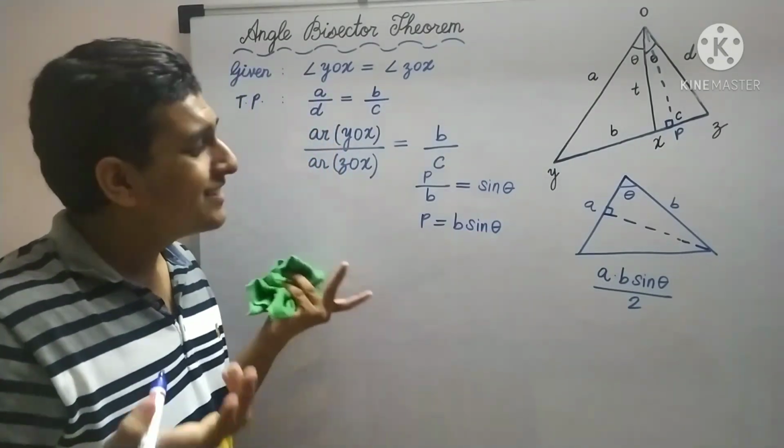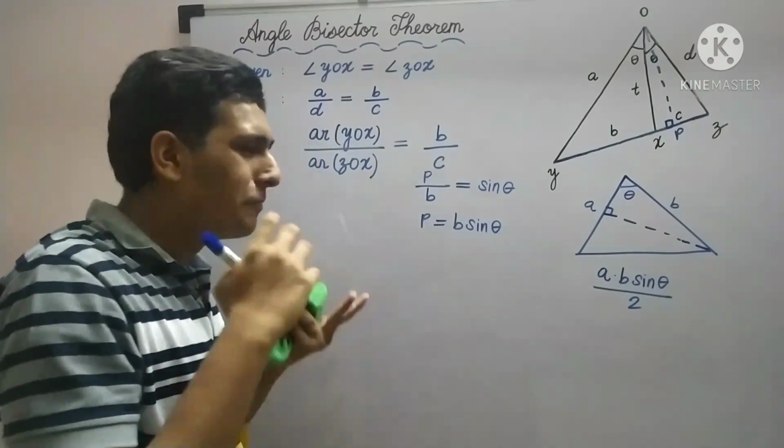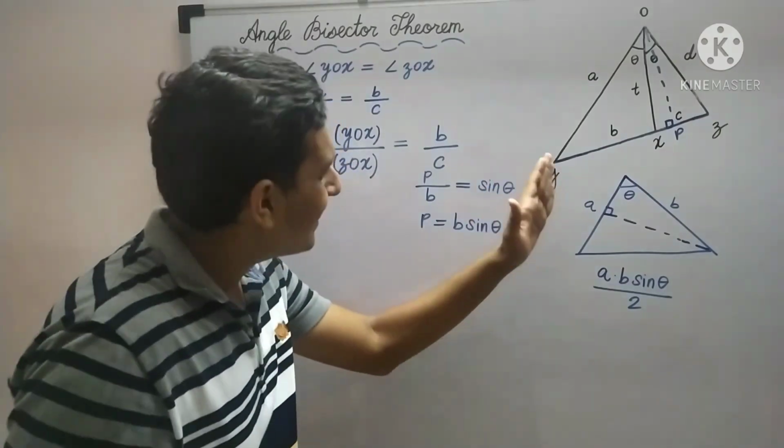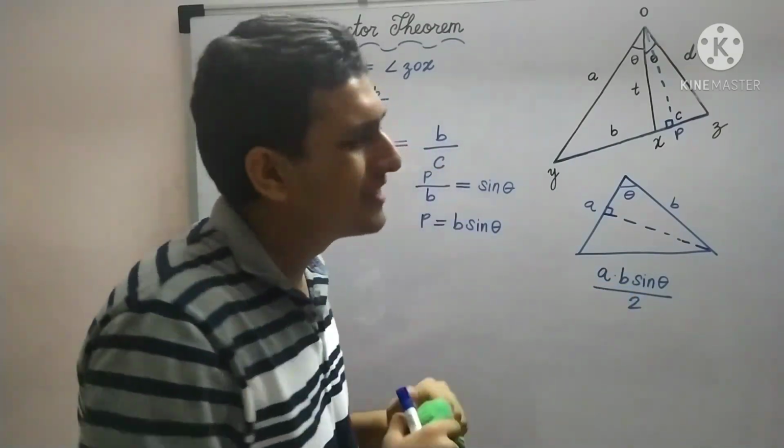Now we know that the area of a triangle is base into height by 2, which is A into B sine theta upon 2. Wasn't that easy?